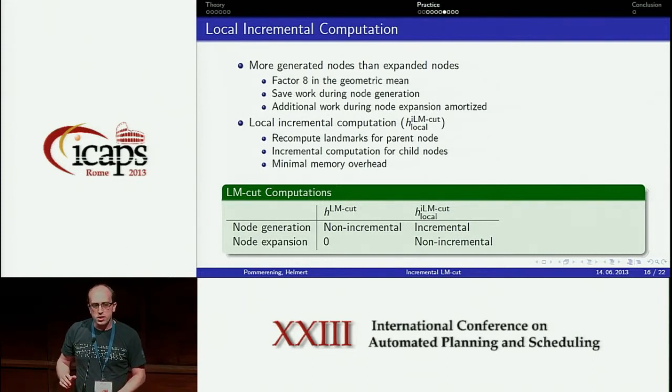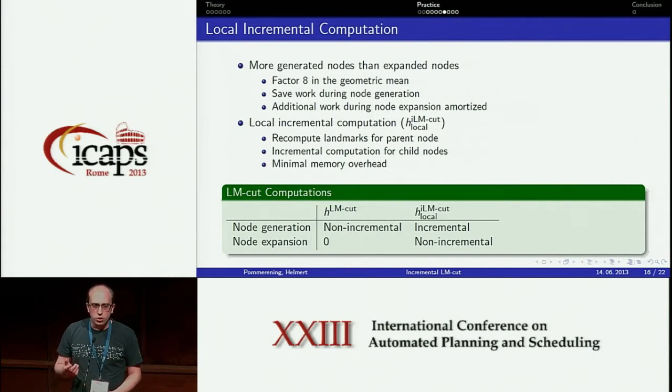So if we can save a little bit of work during node generation, this would allow us to amortize a lot of work during node expansion, sorry. This is what we did with a technique we call local incremental computation.